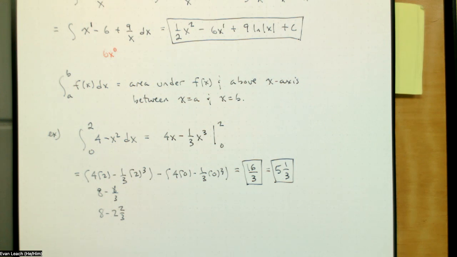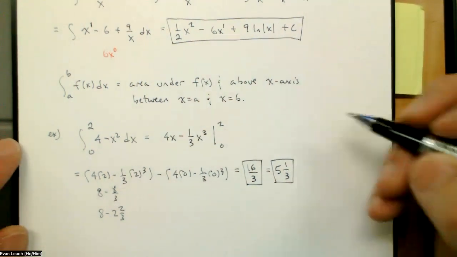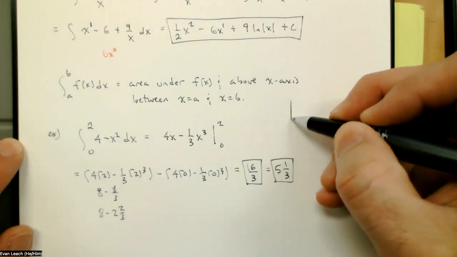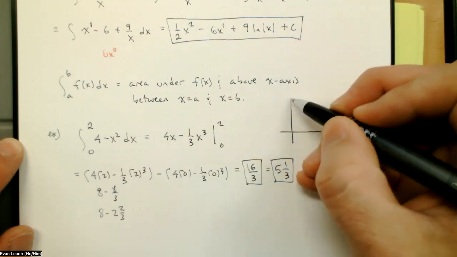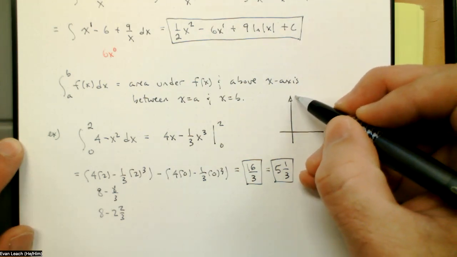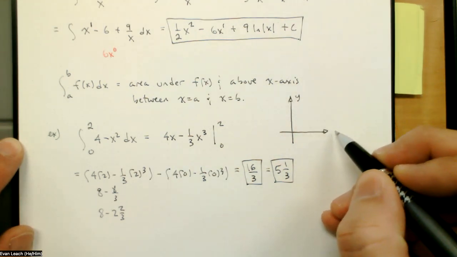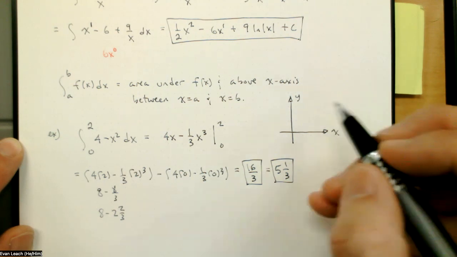This is just the calculation. Let's draw a picture of what we've calculated here. We're going to be finding the area under the graph of 4 minus x squared and above the interval from 0 to 2 on the x-axis.